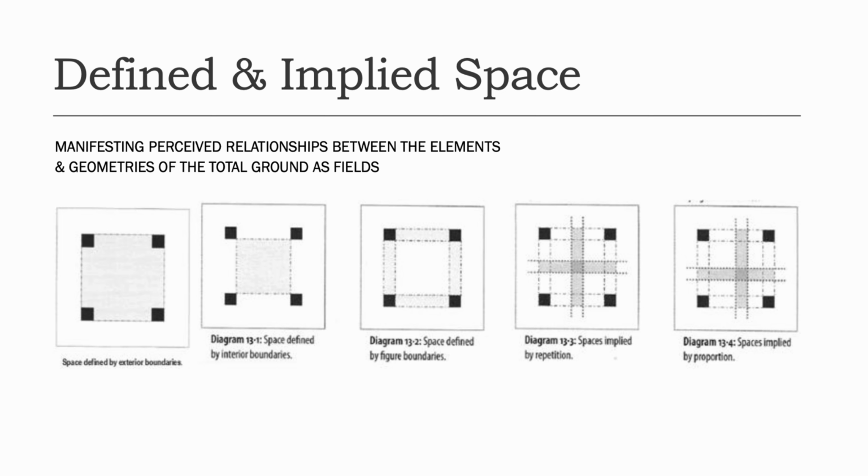And then the next one is space implied by proportion. Consider the rule of thirds in this one, for example, and how that section is being divided up in a different way, and it's proportional.